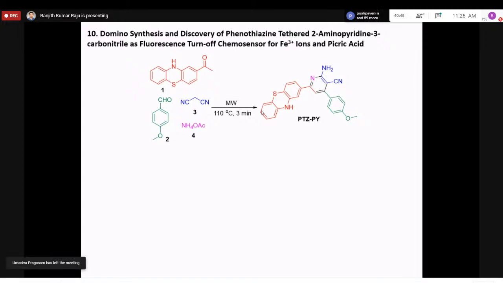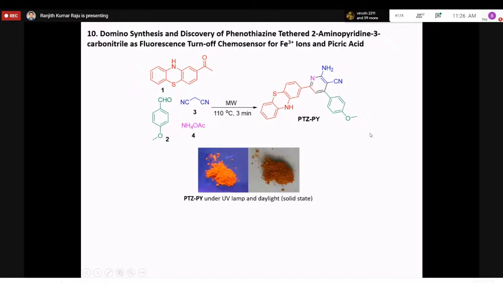We wanted to introduce the phenothiazine moiety into this system, and we thought we could get good fluorescence. The acetophenone of the phenothiazine was used as the reactant, and we made this compound under microwave conditions. Again, it's a 4-component domino reaction, and we got this compound in a good yield.